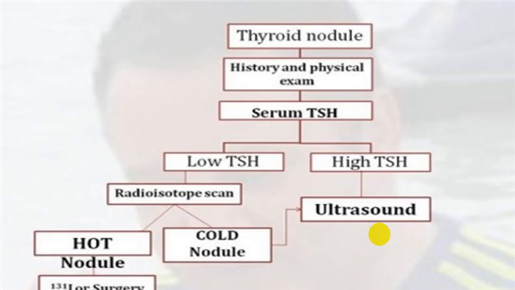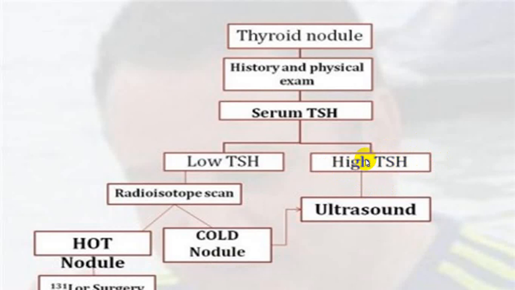If any person, male or female, has a thyroid nodule, history and physical examination become very important. Estimate the TSH level to find out euthyroid, hypothyroid or hyperthyroid. If there is a low TSH, it goes more in favor of hyperthyroid. If there is a high TSH, it goes more in favor of hypothyroid.